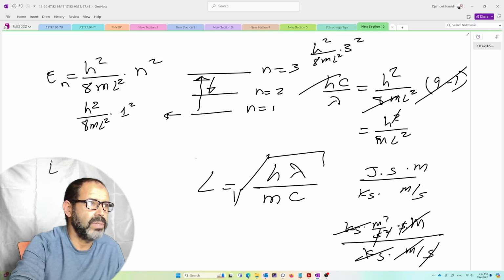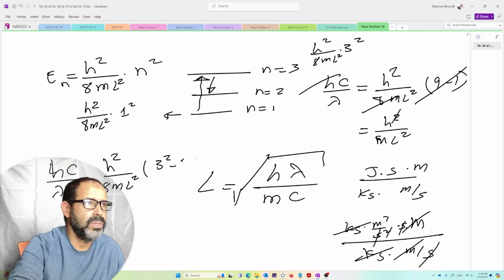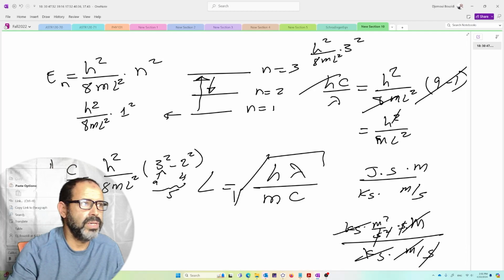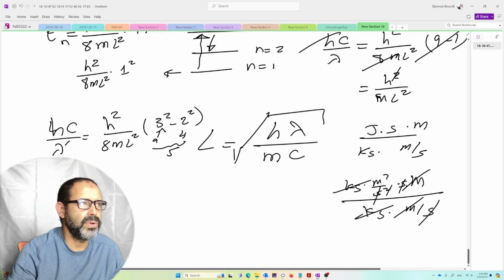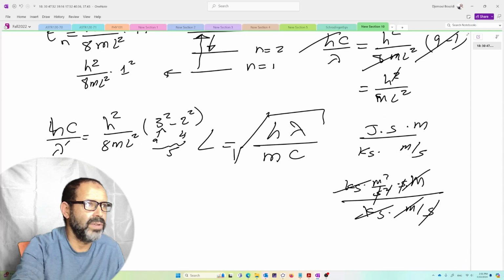That's how much photon is going to be emitted, hc over lambda prime, when it goes from h squared over 8 m L squared of from 3 squared minus 2 squared. This is 9, this is 4, and the difference is 5. Okay, so this is how much energy, and we need to compute for that to find the correct value of hc over lambda prime.